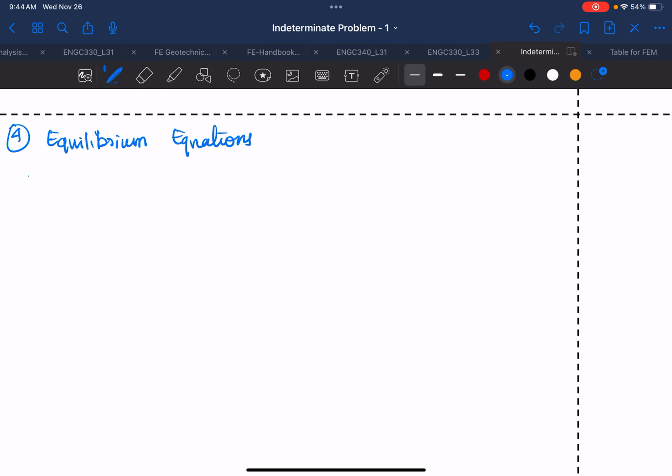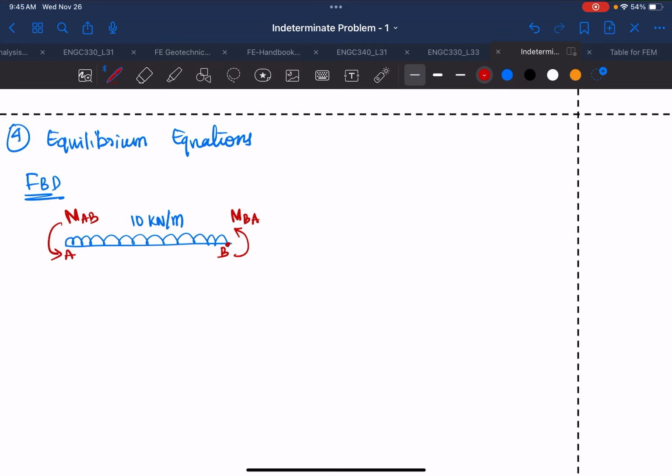So for this, we're going to draw the free body diagram because this is very important. Okay, so for the free body diagram, we're going to draw a beam AB, and we know that it has a UDL of 10 kilonewton per meter, and we're going to draw the total moment for AB. This will be MAB, and remember that the total moment at the joint will always be counterclockwise.